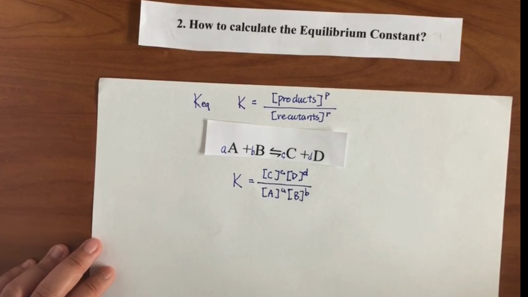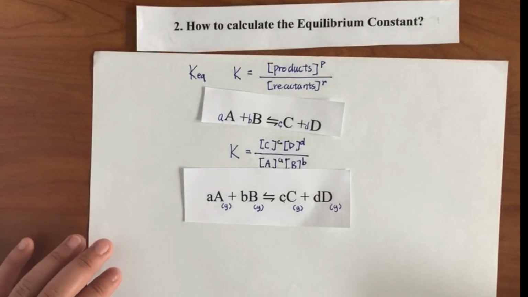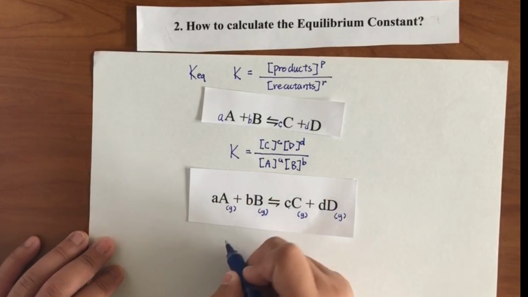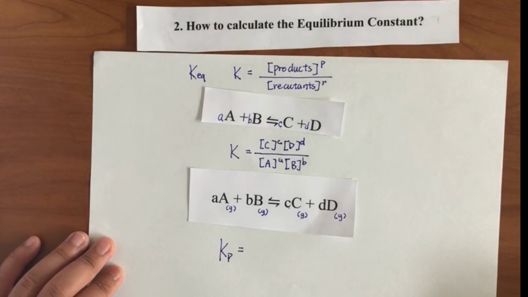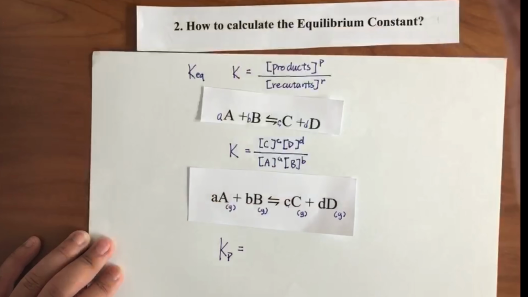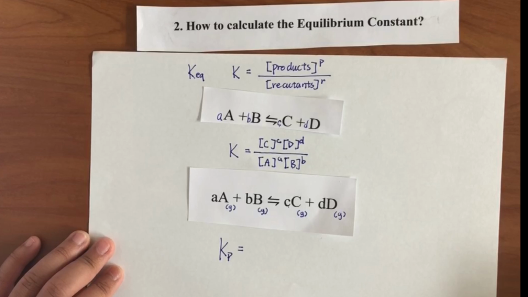However, if we are working with gases, then we use something called Kp. So instead of the concentration of products or reactants, we use the partial pressures of the products and reactants.